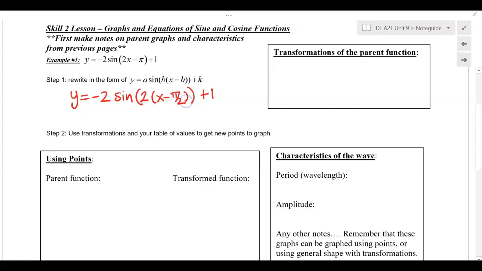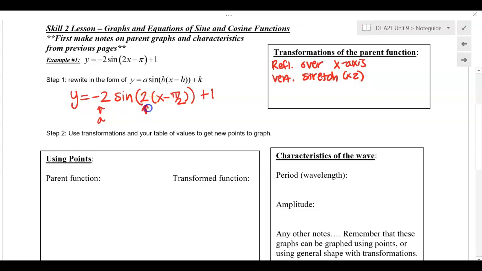And this would be x minus pi over 2 because I took each of those terms and divided them by 2. So the transformations that I'm seeing, my a value being a -2 tells me 2 things. The negative tells me I have a reflection over the x-axis, and the 2 tells me I have a vertical stretch by 2.